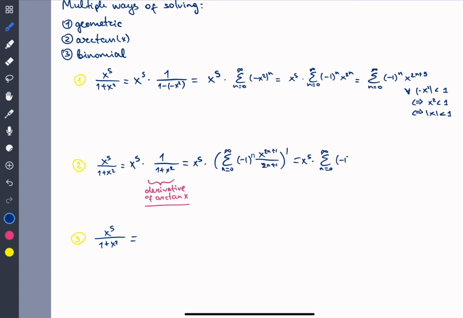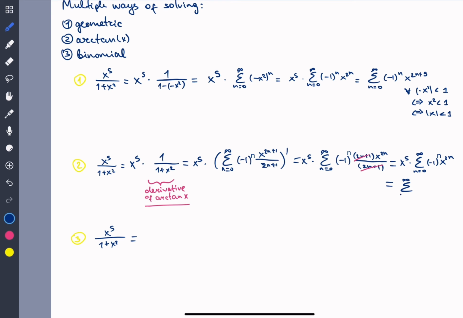So we get x to the power of 5 times, we just differentiate the inside part of the series. So we just have 2n plus 1 and 2n plus 1 that cancel in the numerator and denominator. And we simply have x to the power of 5 times the sum from 0 to infinity of minus 1 to the power of n of x to the power of 2n.